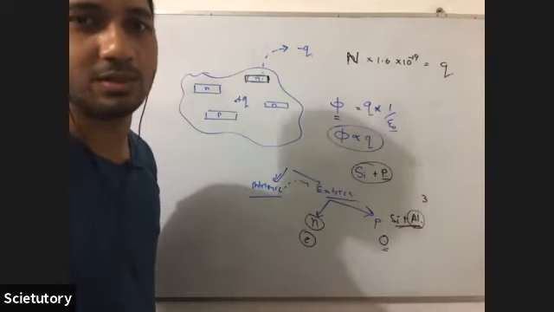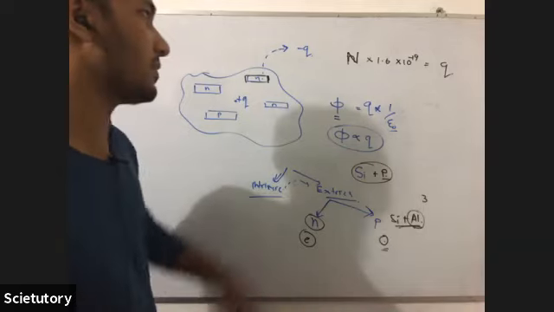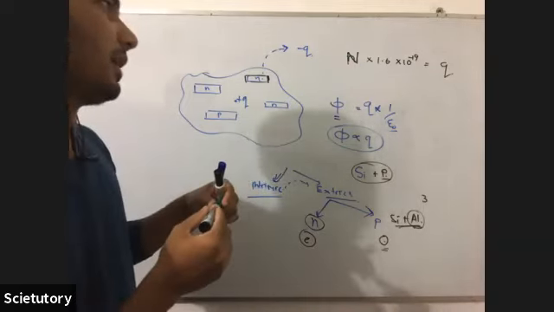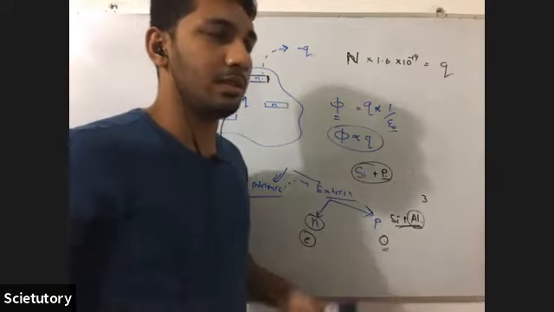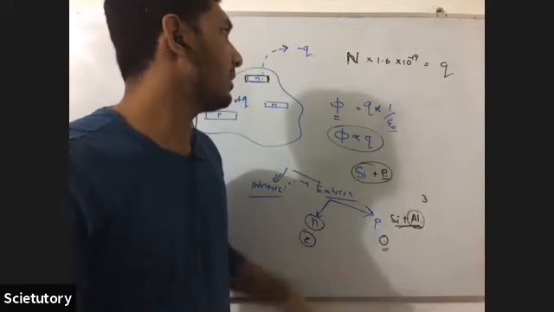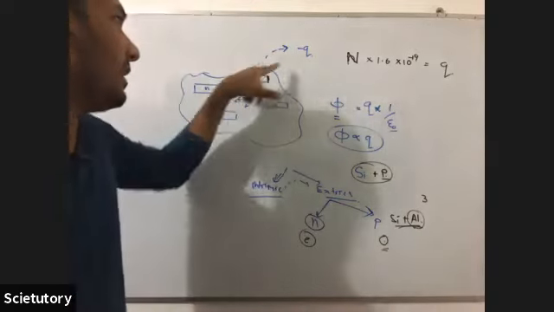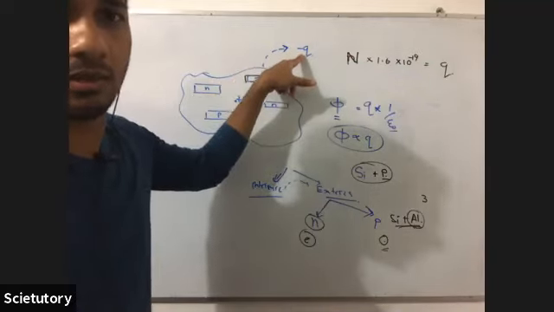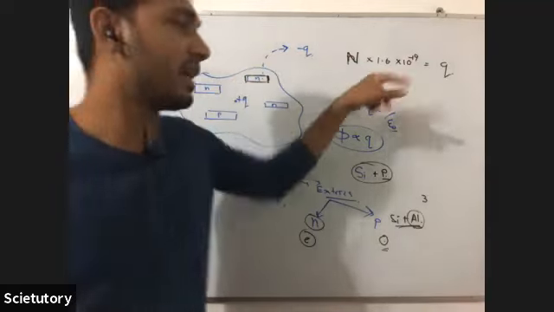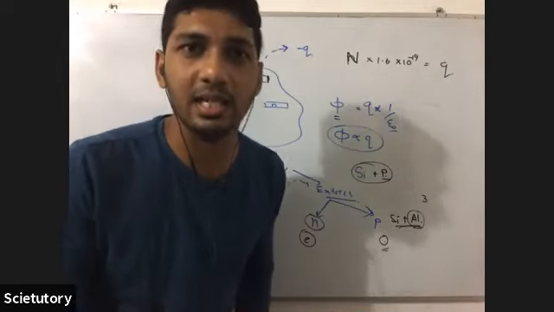Okay, so that is the meaning of that. So just to quantify the number of electrons, they are relating this with q. That's all. But it doesn't mean that it has a resultant charge, a net charge.